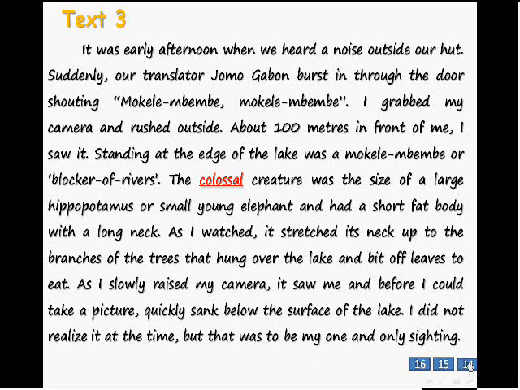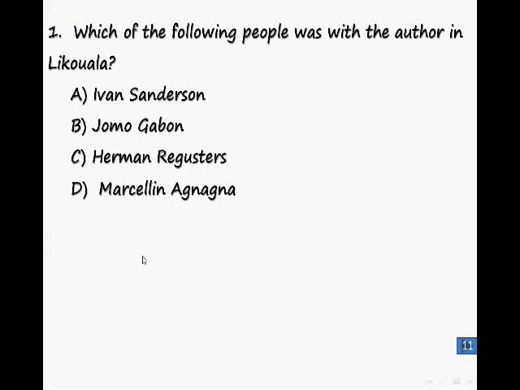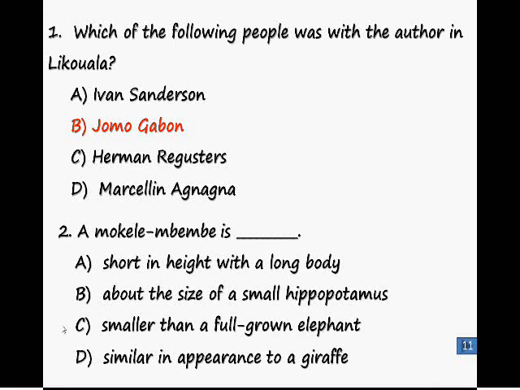So if we go back to the question, so which one was there? Sure, it's Jomo Gibbon. It's there. It's the first question, and it's very easy to answer it very quickly. Number 2, Amokli Mombam. Of course, we can't pronounce this.